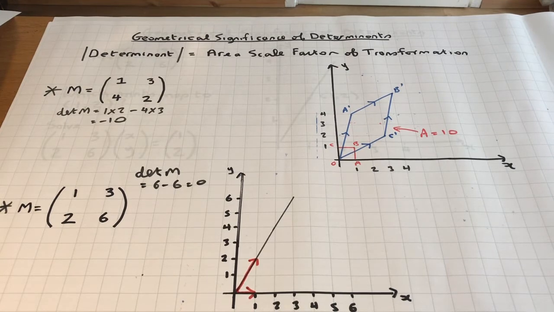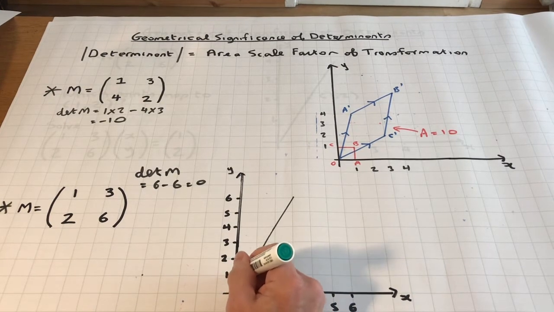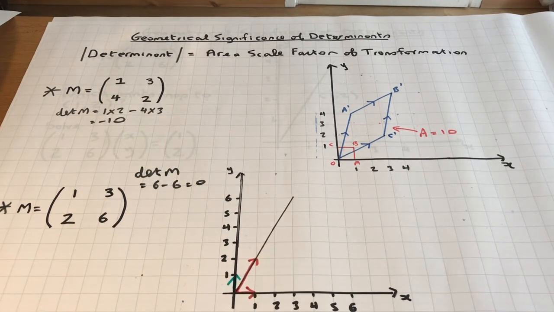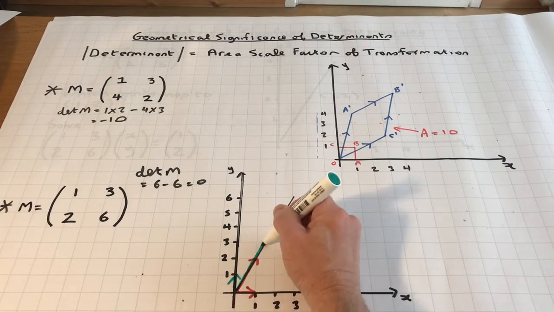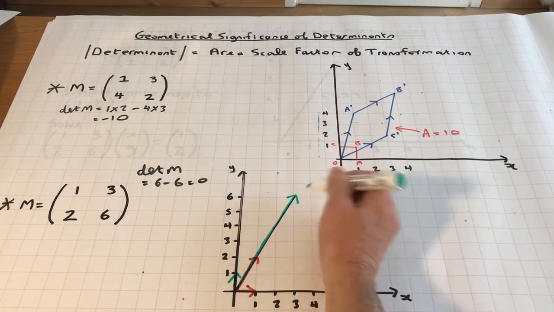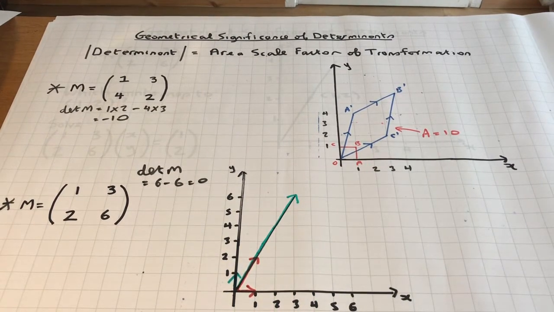This vector here, from 0 to 1 vertically, is being transformed into the vector 3, 6. And in fact, what that means is every single point, no matter which point you choose on the plane, all of them are going to be transformed so as to lie on this line.